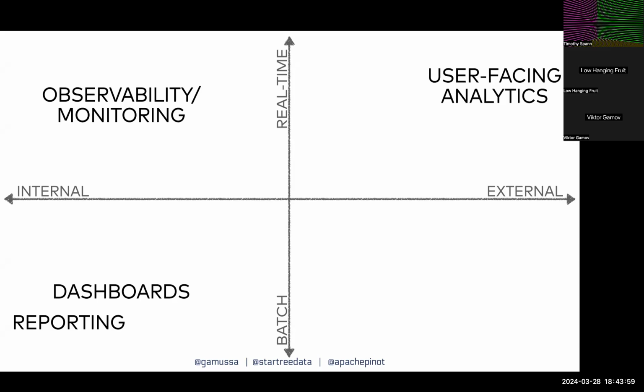Now, user-facing analytics. I'm going to table this for now, because I will be showing examples of this particular functionality. But in general, this is something where your core business is selling this in the form of UI or functionality of your application, or maybe an API that you're exposing for your customers.